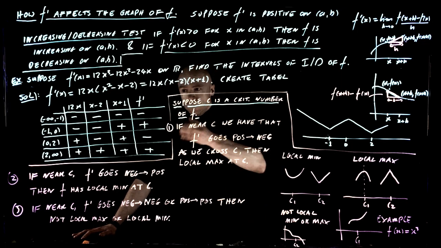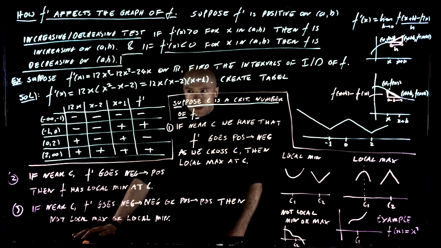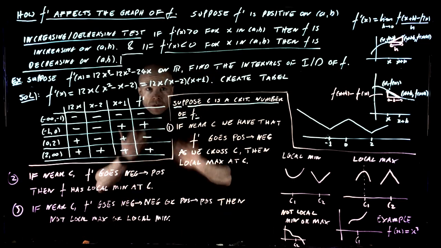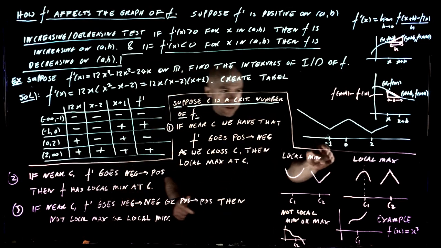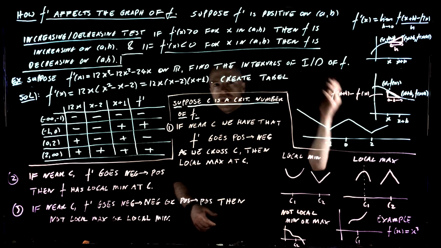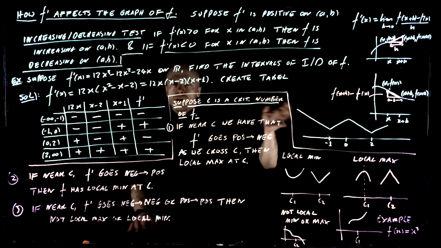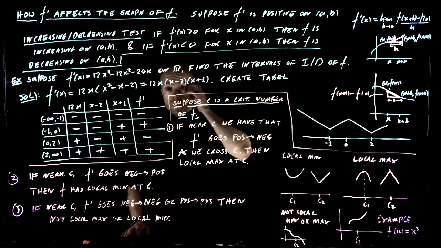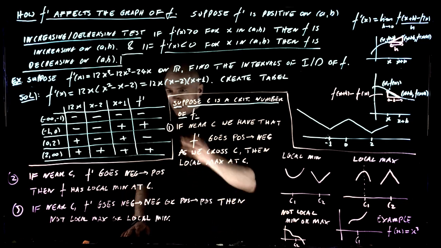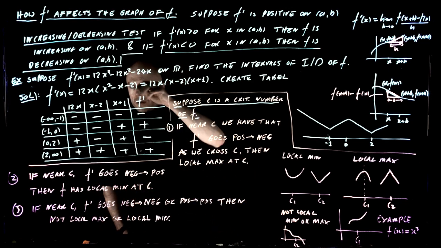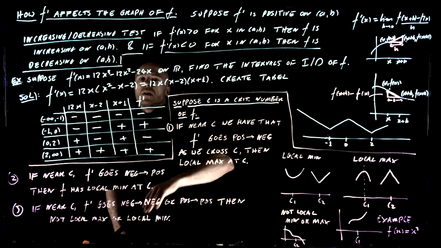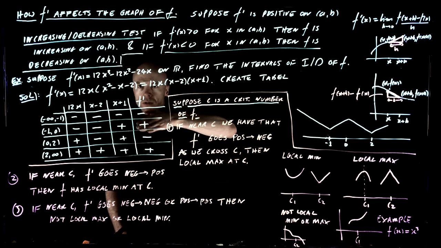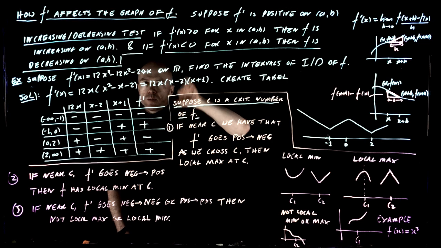All right, let's use this on the example we've calculated, right? Because we have critical numbers at -1, at 0, and at 1. We've drawn a picture already, but let's try and ignore that. Forget this picture. Let's just use this principle. So let's look right here. As -1 is a critical number, and as we go across it, we are going from negative to positive, so we expect a local min.